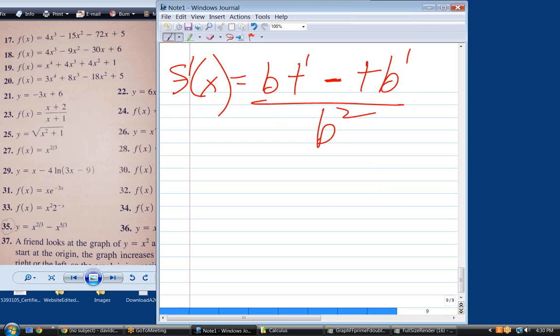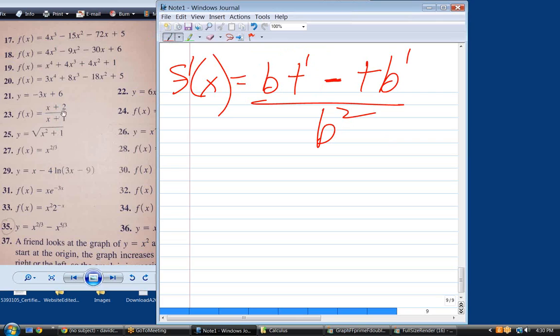If you remember that it starts with the bottom, then you can't mess that up. It'll never be the bottom derivative times the top. The bottom is always the first thing you write, times the derivative of the top, minus its reverse, all over bottom squared. I do think that's the easiest way to memorize it, because you really can't mess it up.